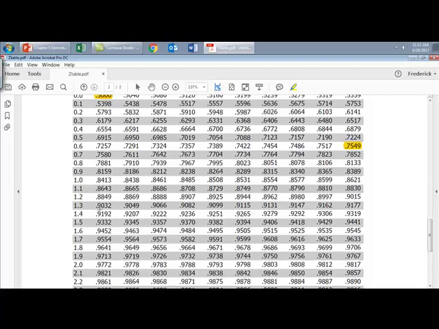Well, here's a 0.9, but it's more than 0.9, so I got to go back. I'm going to start at 1.2. I really wish I didn't highlight all of those numbers, but let's look here.